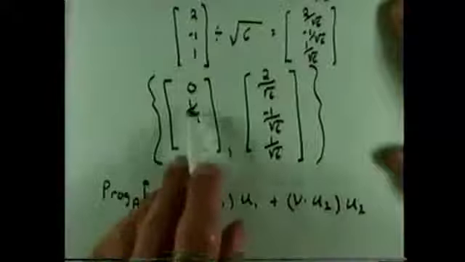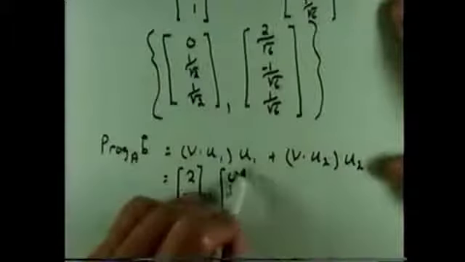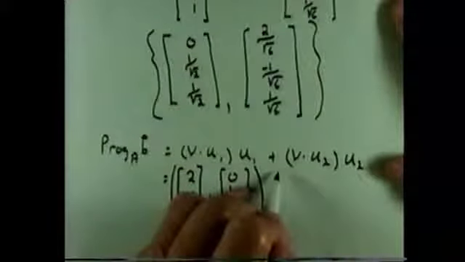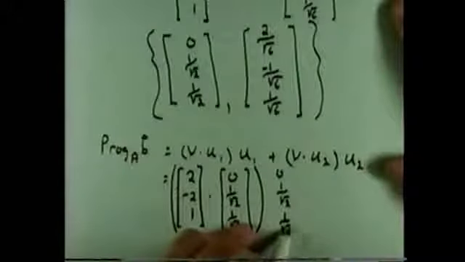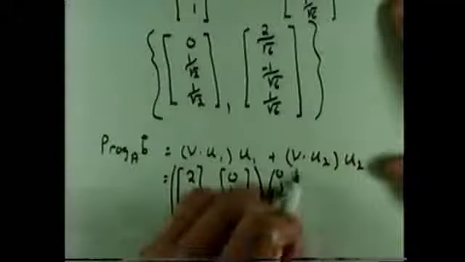U1 is the first vector in the basis set, so that's going to be 0, 1 over the square root of 2, 1 over the square root of 2, times U1, which is 0, 1 over the square root of 2, 1 over the square root of 2.